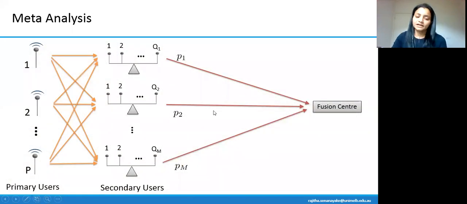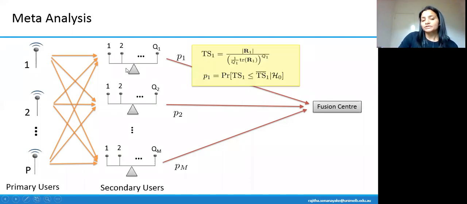So basically the idea under meta-analysis is something like this. At each cognitive radio, we calculate the p-values, based on the signal that is received here. We calculate the test statistic based on the received signal. Say at the secondary user terminal, I calculate this TS1, and then I want to calculate the p-value based on this test statistic.